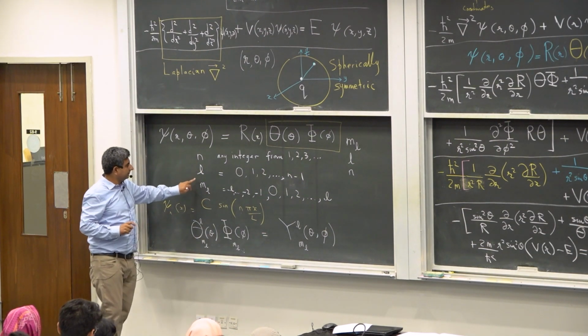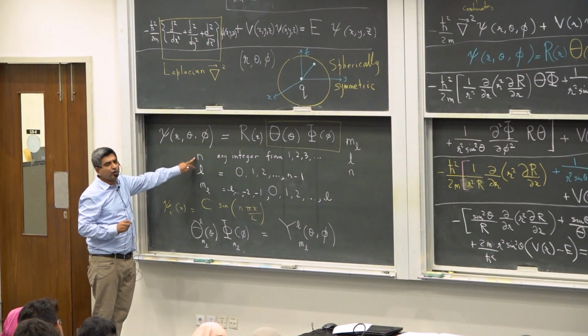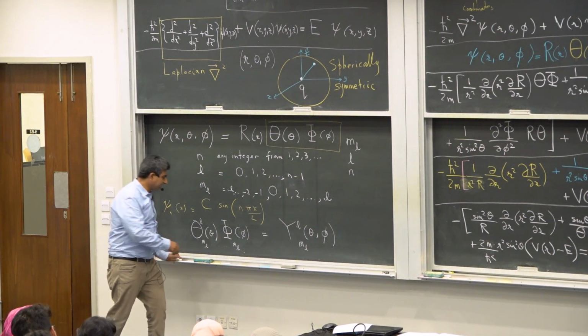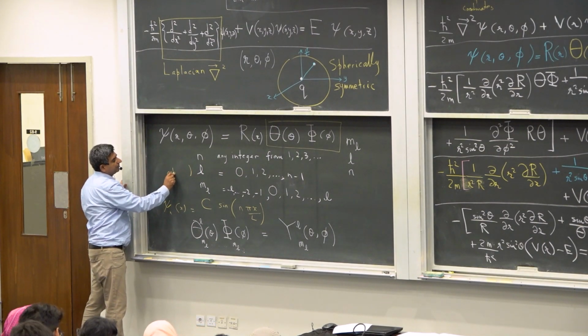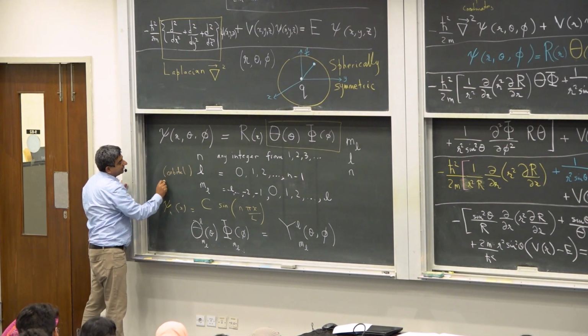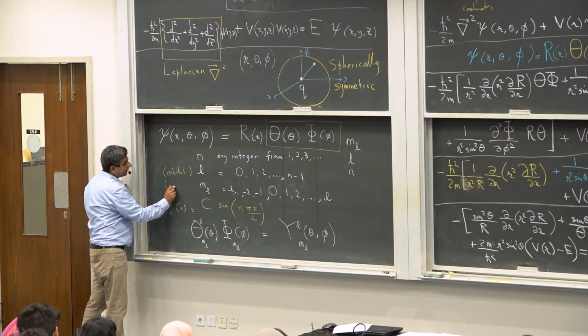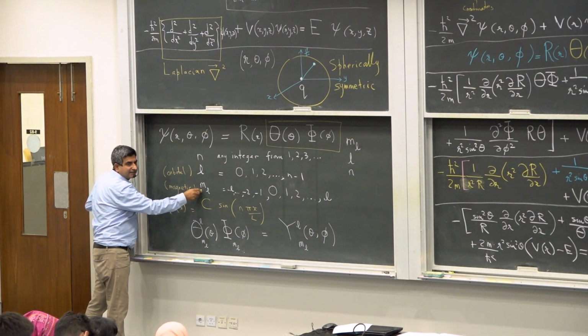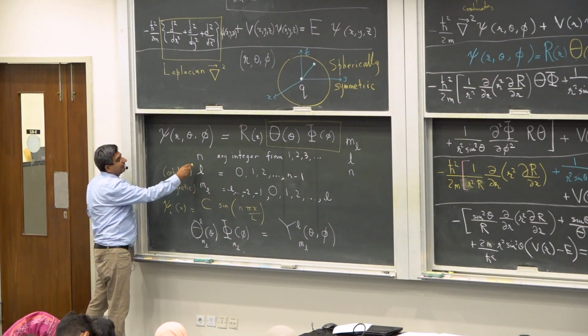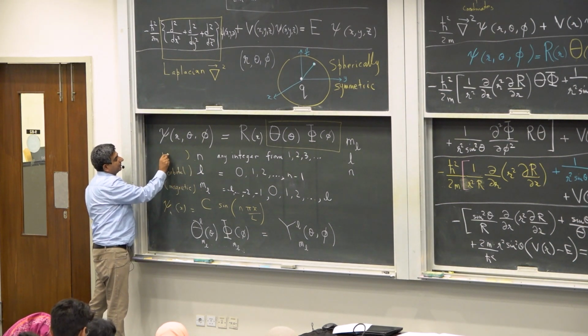These quantum numbers L, ML and N are also sometimes given special names. This is sometimes called the orbital quantum number. ML is called the azimuthal or magnetic quantum number, because this gives rise to a magnetic moment. N is called the principal quantum number.